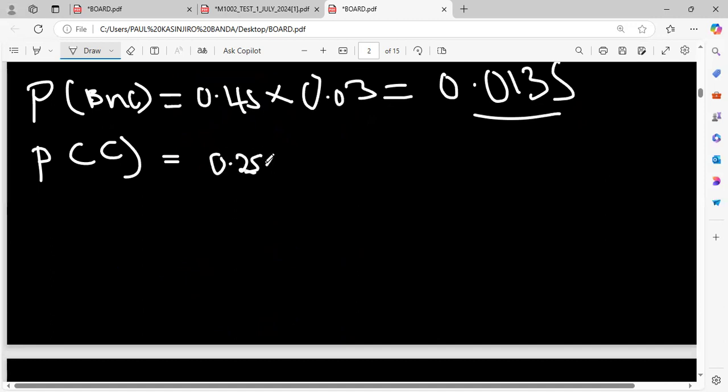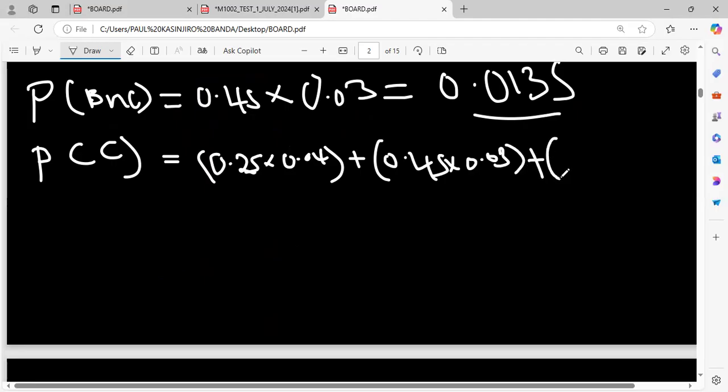So we say 0.25 multiplied by 0.04. This is the probability of it coming from lab A and being contaminated, plus the probability of it coming from B and being contaminated, which is the thing we saw on top: 0.45 multiplied by 0.03. And then plus the probability of it coming from lab C and being contaminated, which is 0.30 multiplied by 0.02.